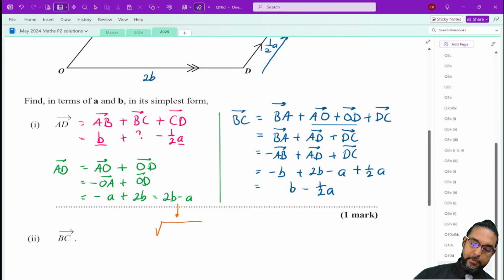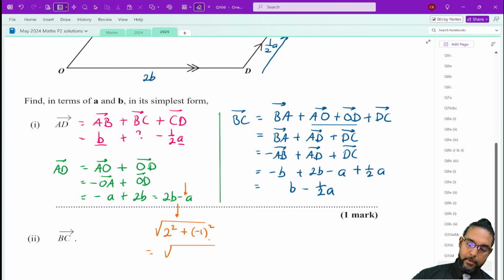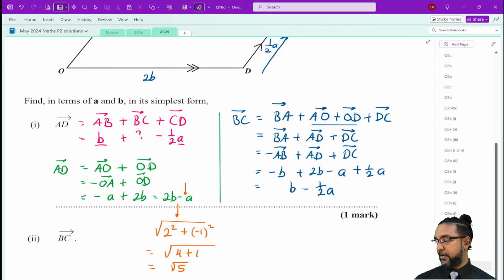But we don't have to actually work the magnitudes out, and I'll tell you why. We take the coefficient squared plus the understood coefficient. If no coefficient is explicit, what number is understood? 1. So that's 4 plus 1, so that's root 5. You don't have to plug it into your calculator.